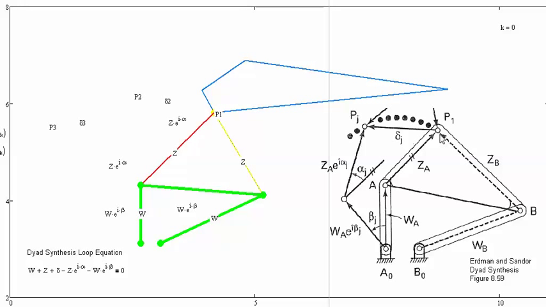So here's the P1 in this figure, there's the P1 in this figure, and that's where the airfoil connects in. And Z is a vector on the coupler solid. Z is rigidly attached to the coupler link, and it goes from this pin joint to P1, and so we have Z right here.